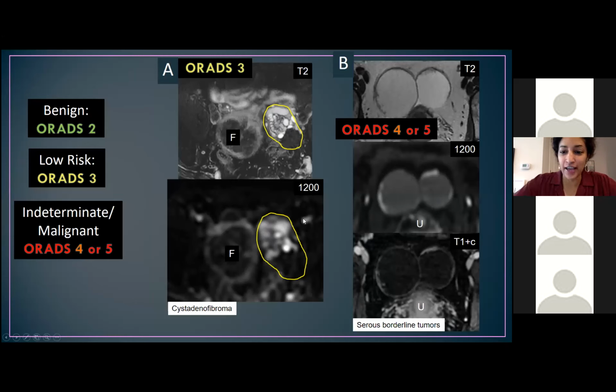First question is, how does management change with O-RADS? So the ultrasound O-RADS management is given on their site, and you can go look at it, and I can pull it up. But basically, it falls in line for the most part with the SRU guidelines.